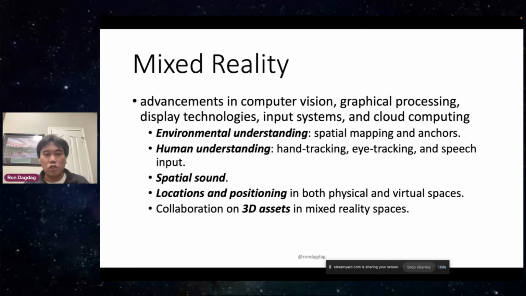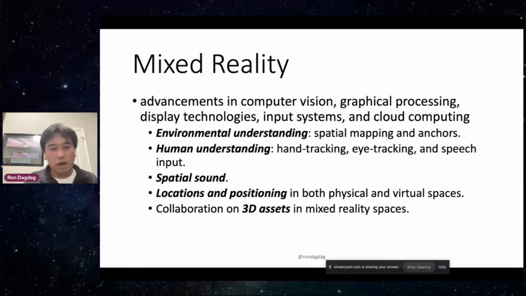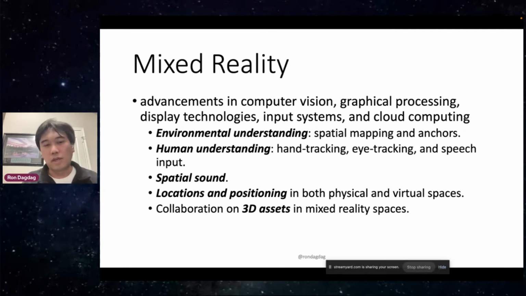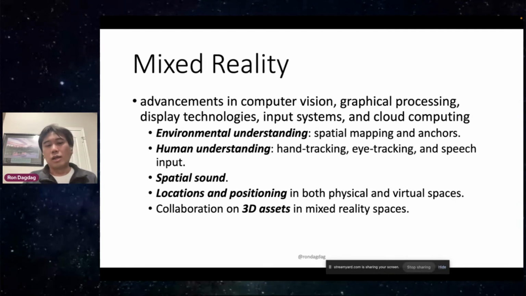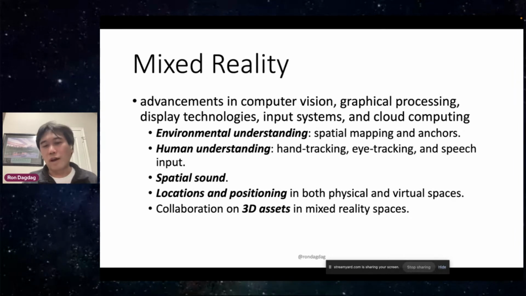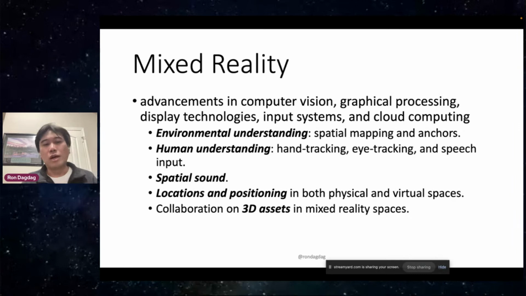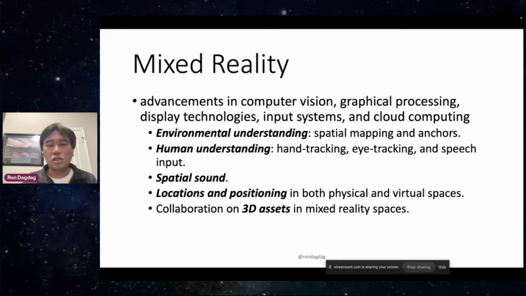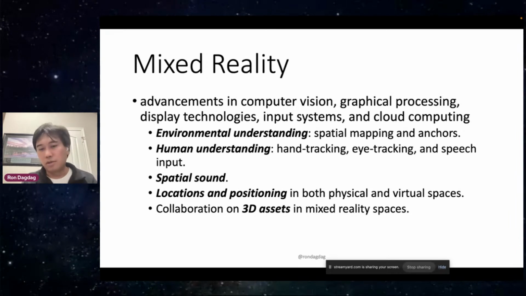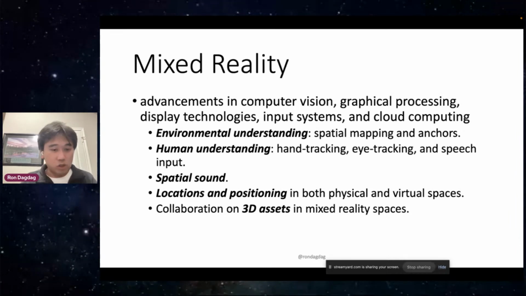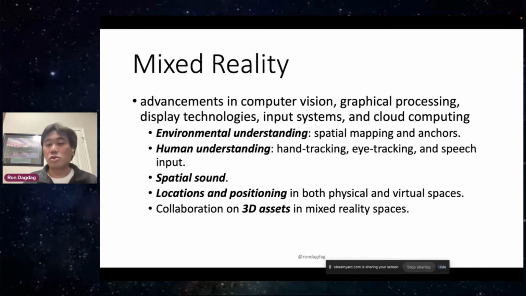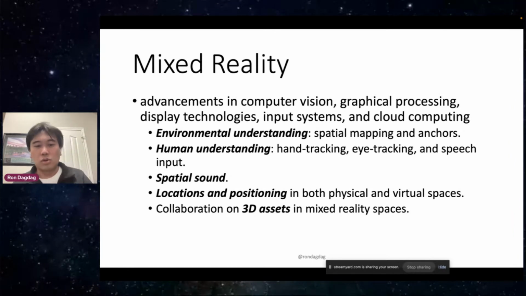And then there's spatial sound, and a lot of the new devices that came out already include these technologies, the location and positioning where it can identify the physical and virtual space, and also making it easy to create 3D assets in mixed reality spaces. It's becoming easier and easier to create 3D assets, not just because of the tools, but also because AI is helping towards that.